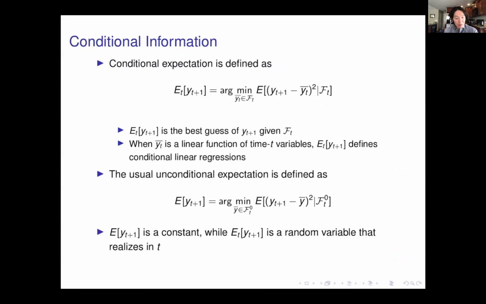Now, the conditional expectation is defined as following. Okay, so this conditional expectation of some random variable Y_{t+1}. Y_{t+1} can be anything. It can be temperature. It can be something that's going to be realized tomorrow, like stock prices or stock returns.